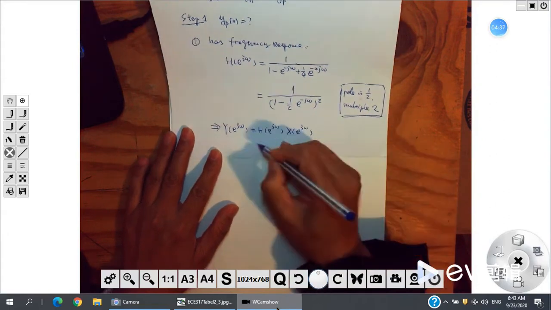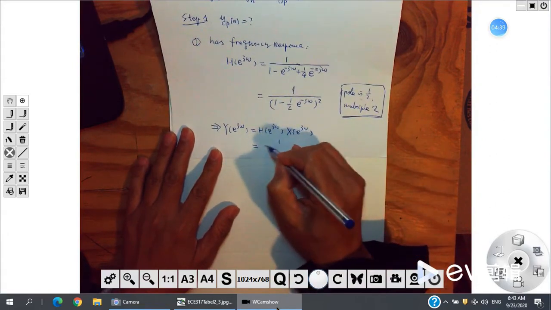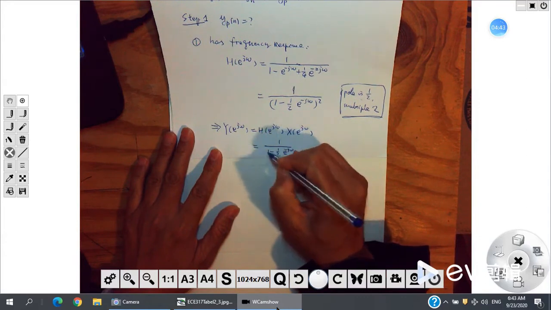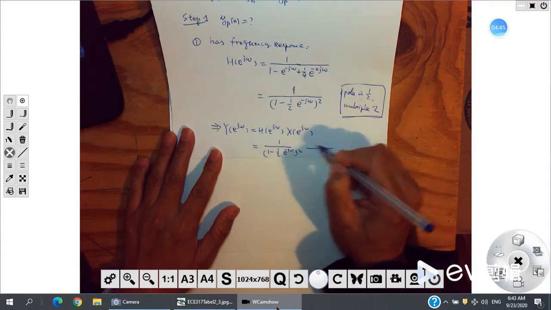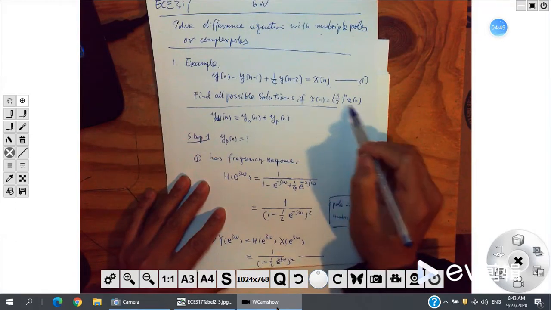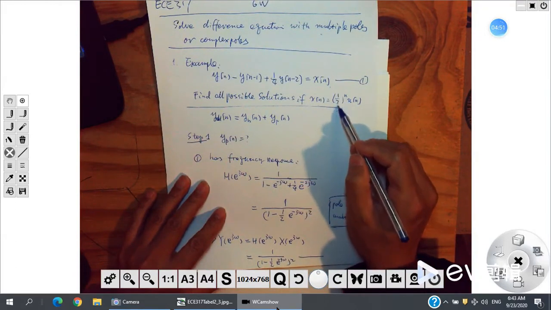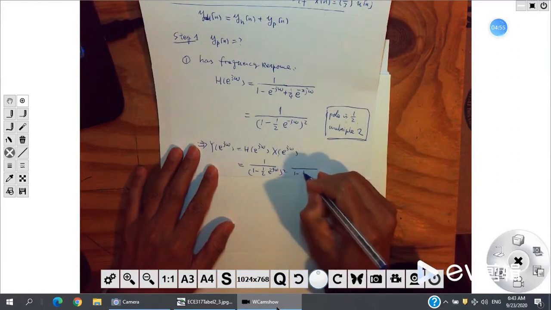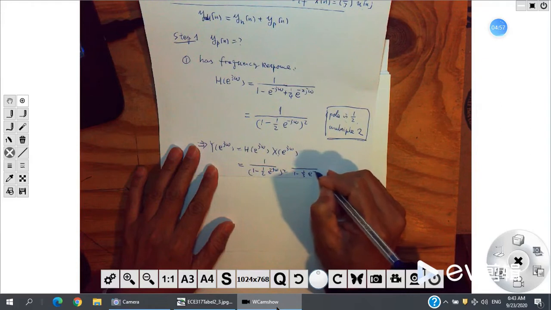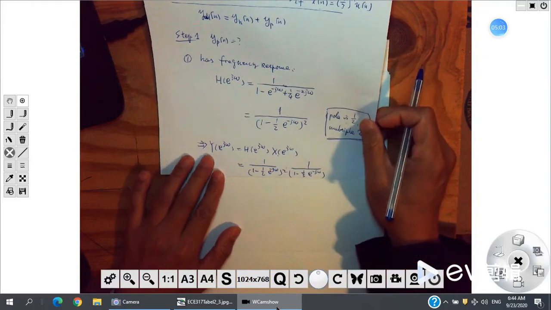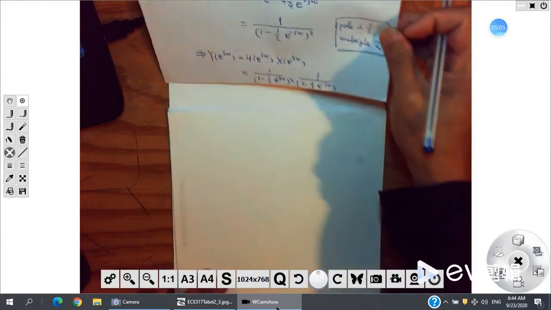It is 1 over 1 minus 1/2 e to the negative j omega squared, which I just copy, and x is given here, so in the frequency domain it is 1 over 1 minus 1/3 e to the negative j omega. So this is Y. We want to go back to the time domain.